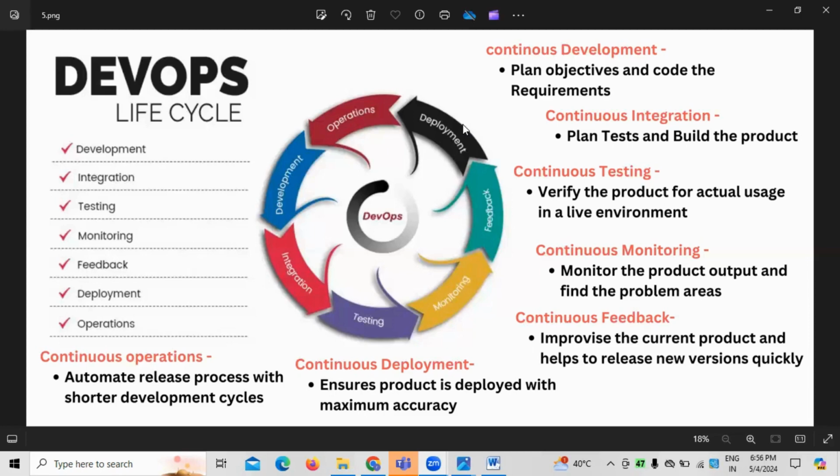But from the BA perspective, being a business analyst, we need to understand the DevOps lifecycle. These are the stages. The first one is called continuous development. If you understand the life cycle of DevOps, continuous development is required. Why? Because the objectives of the project we have created so far might change in future.